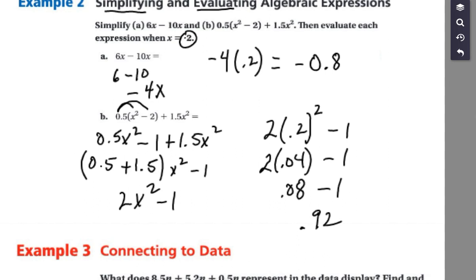One thing I forgot when we did that is this should have been negative right there, negative 0.92. Okay, we'll do the rest of this on another video. So that's the end of part 1.